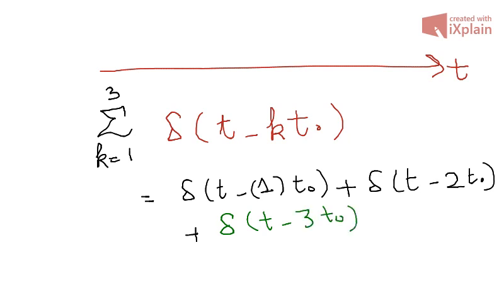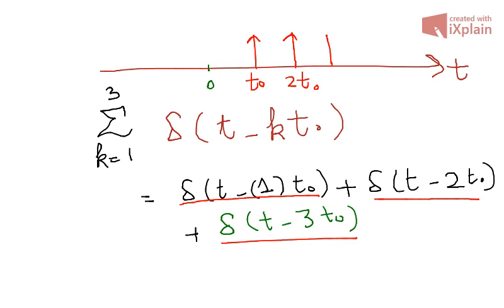So if you want to plot it on the time axis, basically you have a delta function which occurs at t naught, another delta function at 2 times t naught, and another delta function which is here, at 3 times t naught.